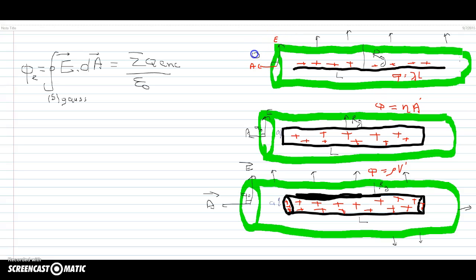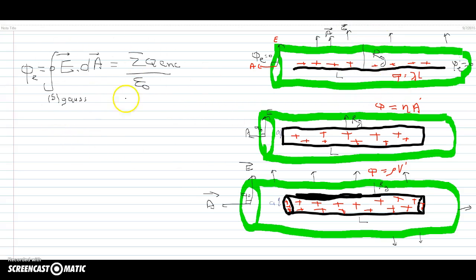The flux contribution of both bases is 0. There is no contribution. On the lateral surface, A is parallel to E, so the cosine of 0 is 1, and the flux is maximum.